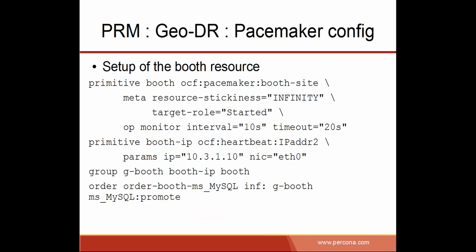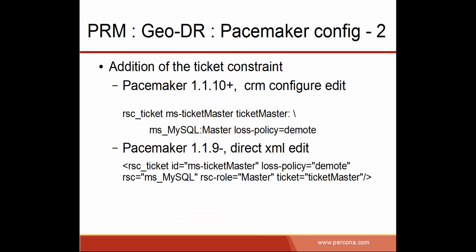That will basically prevent a promotion in a situation where the ticket has not been granted yet. And finally, not finally, there's another step after. We must inform Pacemaker of the constraint linking the mastership role with the presence of the booth ticket.